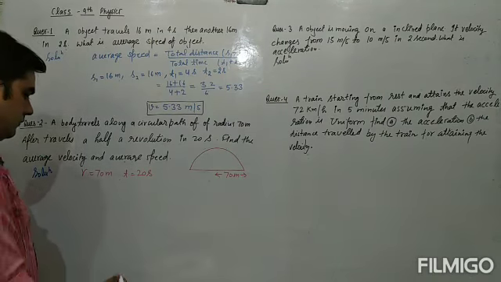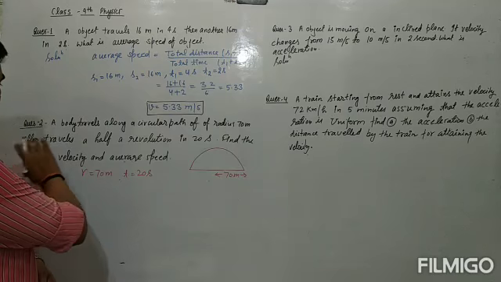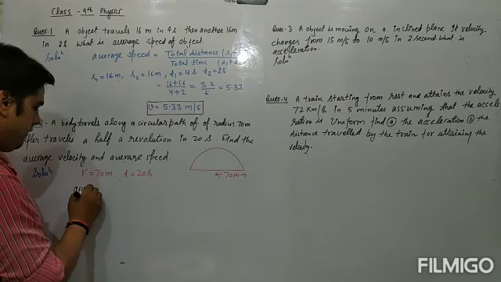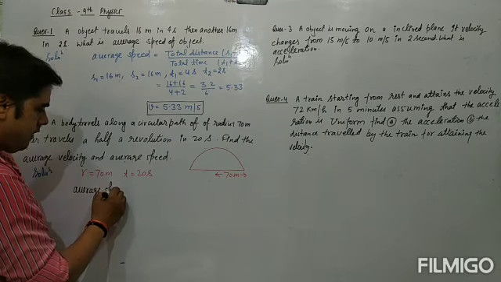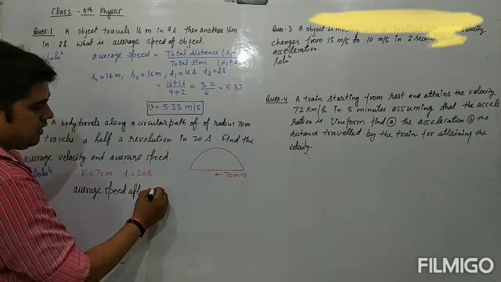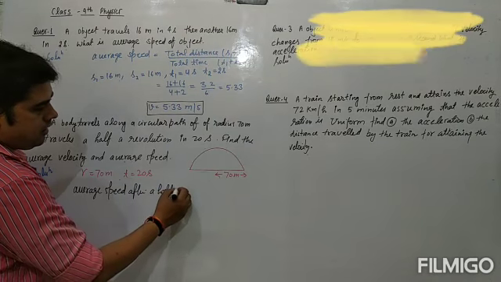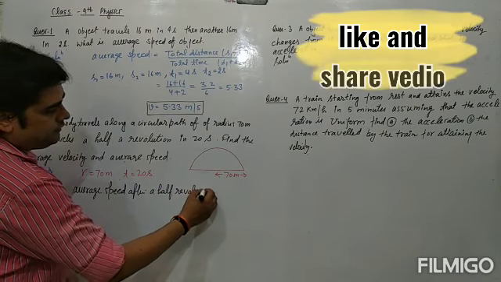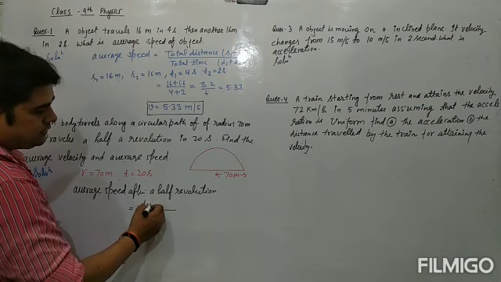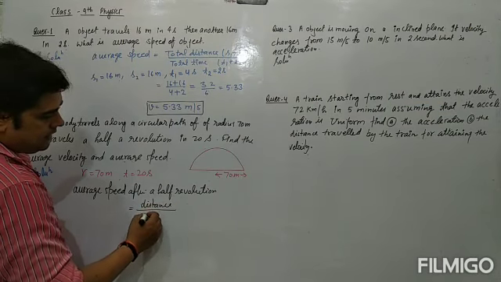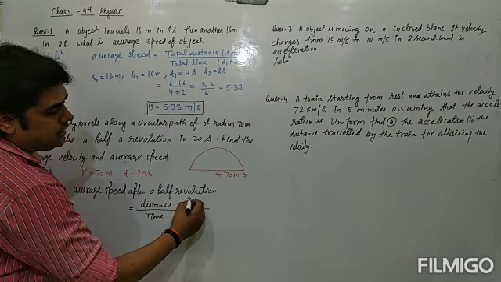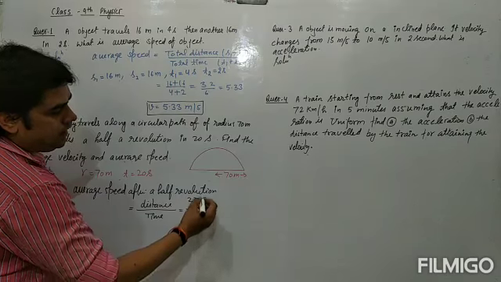Now average speed after a half revolution. Speed is equal to distance upon time, and distance is equal to the circumference of half.